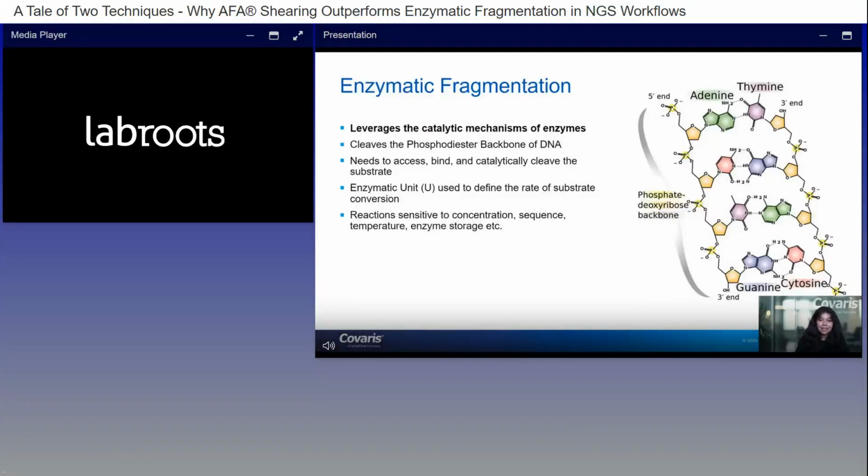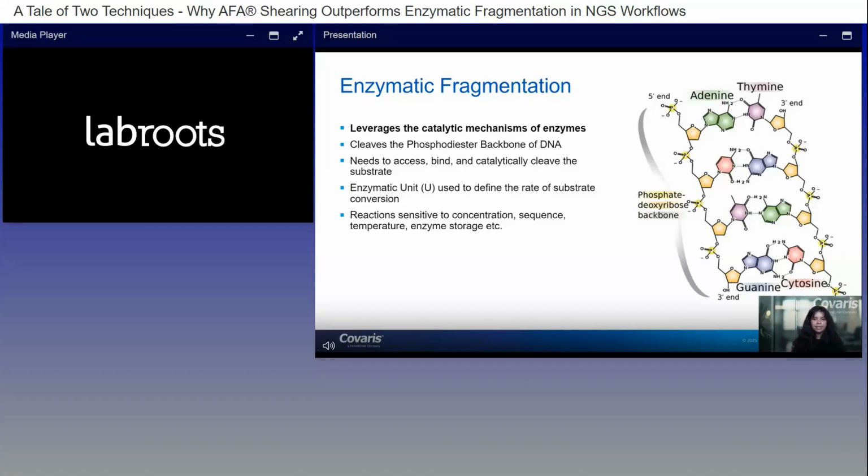The first is enzymes. So enzymatic fragmentation, like you could imagine, leverages the catalytic mechanism of enzymes in order to cleave the DNA into smaller pieces. Now, since this is an enzymatic reaction, the enzyme needs to access, bind, and catalytically cleave the substrate, meaning that these reactions tend to fall within an ideal substrate concentration.